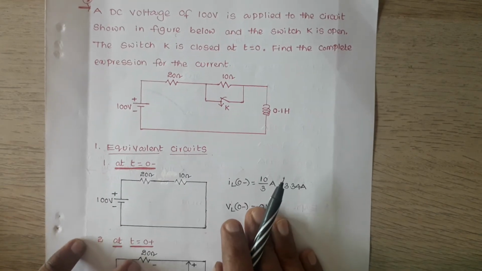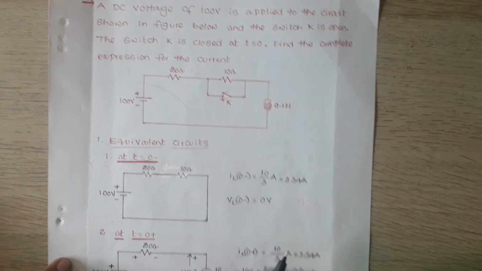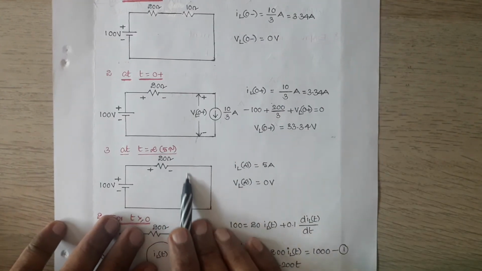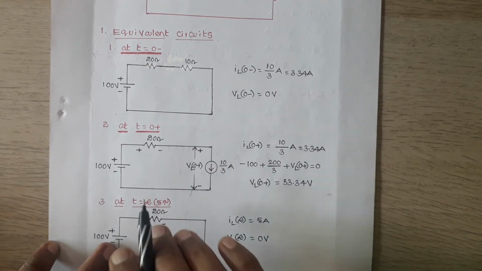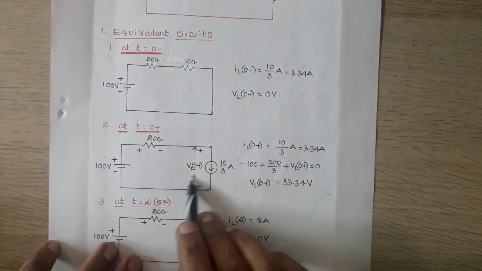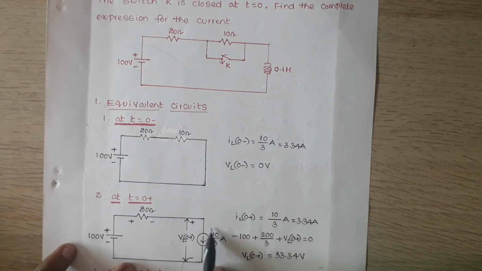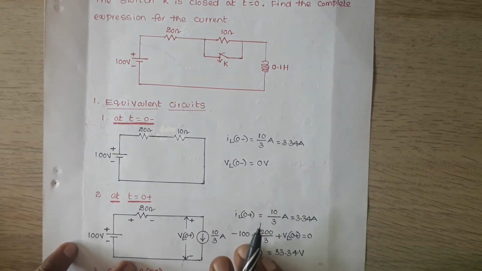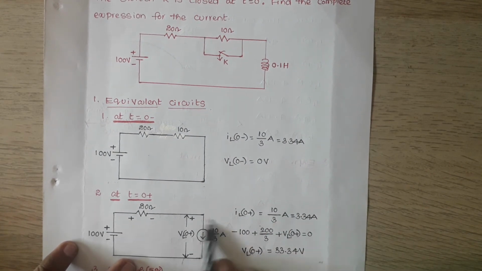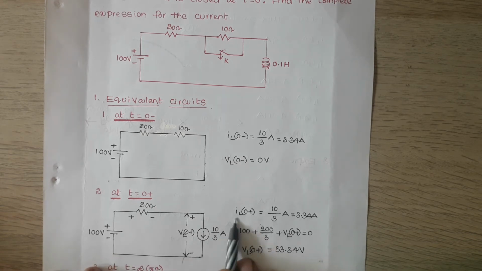So at t equal to 0 plus, immediately after closing the switch, the net value of the resistance is 0. Now there is a disturbance in the circuit, so the inductor is said to be open circuited. But the current in the inductor is 10 by 3, the same as before the disturbance. So immediately after the disturbance, the current in the inductor is 3.34 amperes.